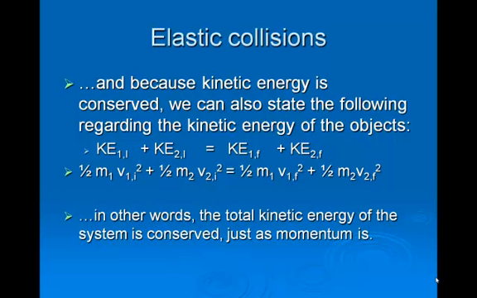You should read the formula as following for each individual object: 1/2 times its mass times the square of its velocity plus the same value for the other object, 1/2 times its mass times its velocity squared, must be the same before and after the collision. In other words, as we see here at the bottom of the screen, the total kinetic energy of the system is conserved, just like momentum is conserved during an elastic collision.